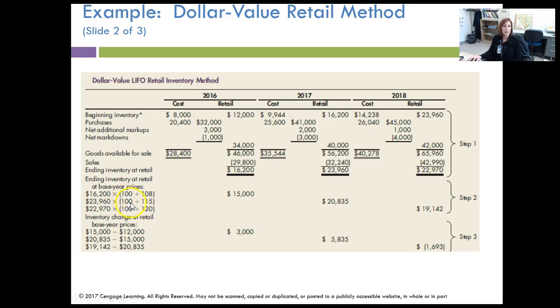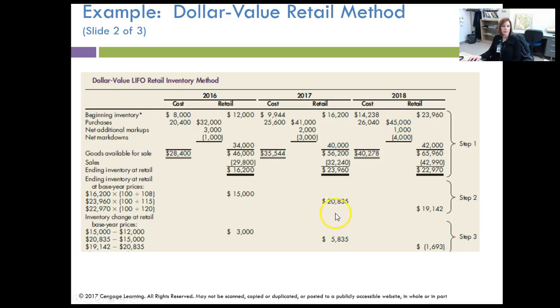So we're going to take these index figures for the base year and divide those into the ending inventory figures for the next years that we're looking at. For example, our ending inventory figure of 23,960 at 2017 is multiplied by the ratio of the base year price index versus the ending 2017 price index.